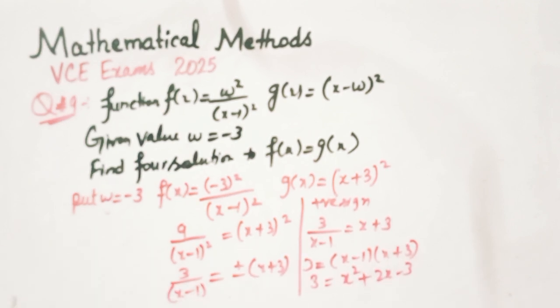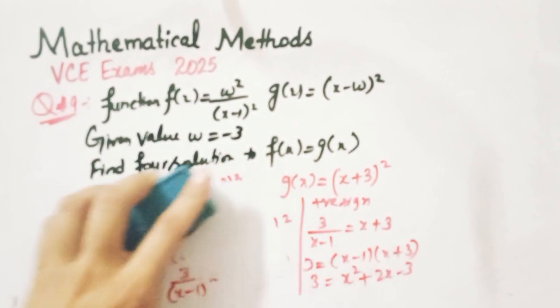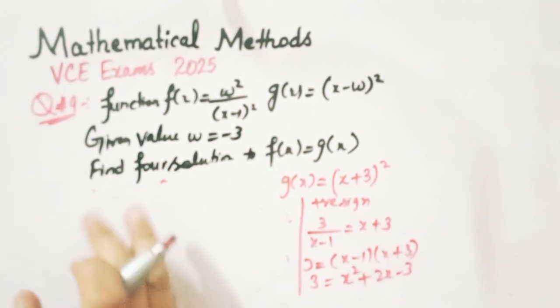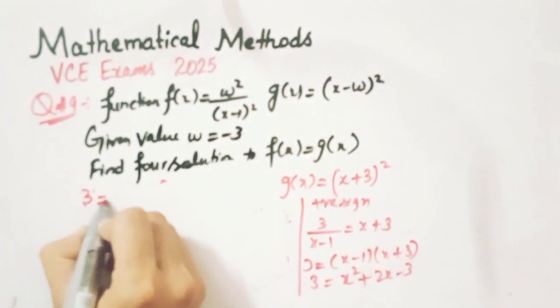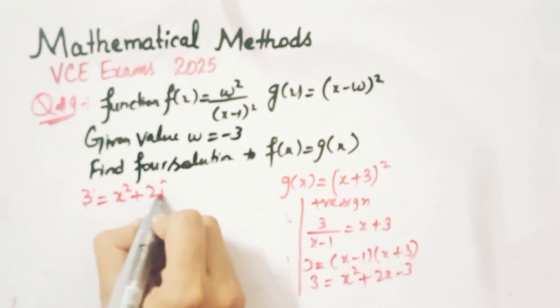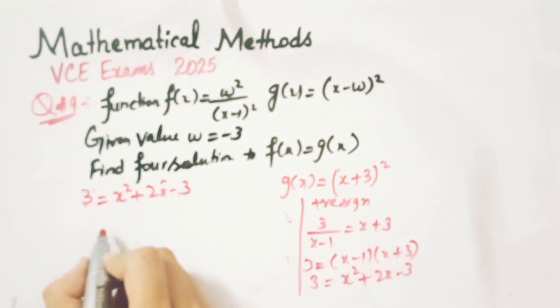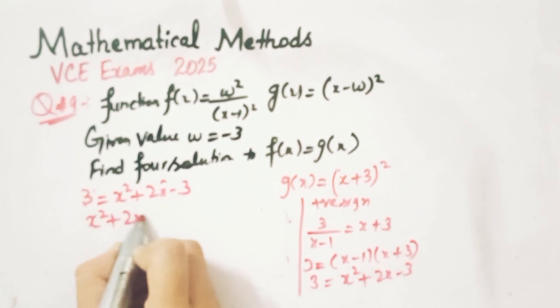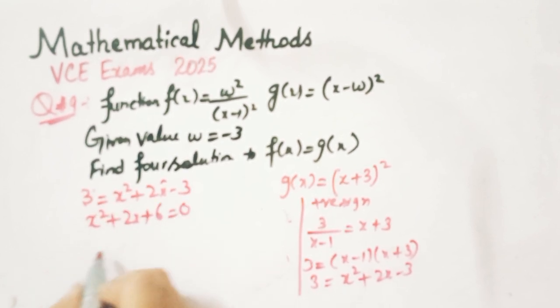Now we will solve this further. We get 3 equals x squared plus 2x minus 3, so x squared plus 2x minus 6 equals 0.